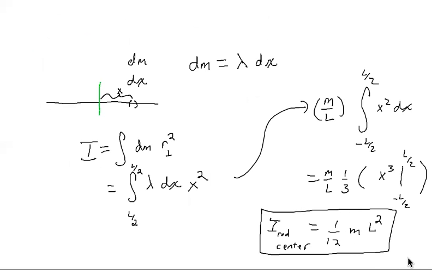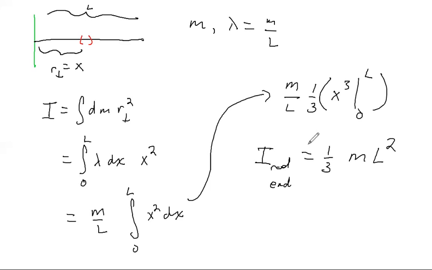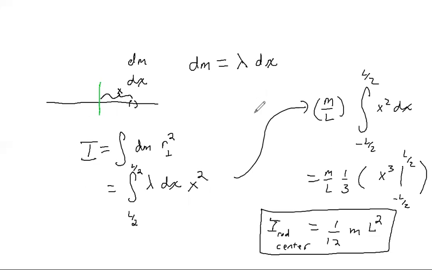So this time we get a 1/3 fraction out front, whereas in the previous example we had 1/12. 1/3 is bigger than a 12th. So we find that the moment of inertia is larger when you compute it about the end of a rod than when you computed it about the center.